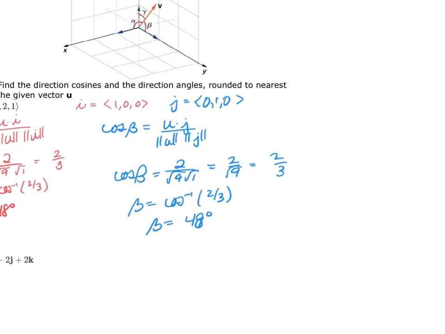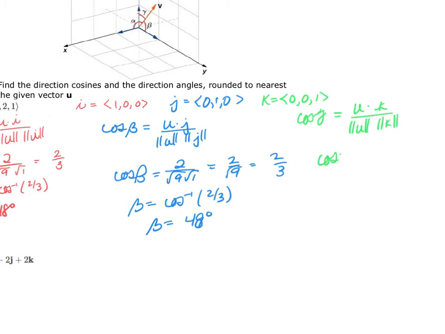I'm going to do my last one, which is my gamma. So I have the cosine of gamma. My k is going to be 0, 0, and 1. So this is going to be u dotted with my k. The magnitude of u is still the square root of 9, and the magnitude of k is still going to be 1.